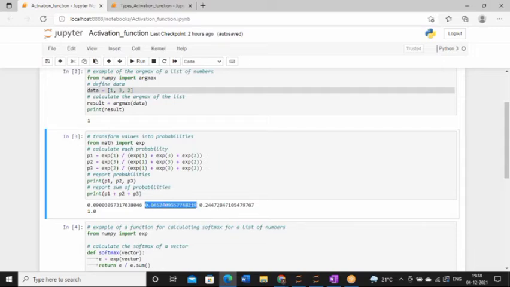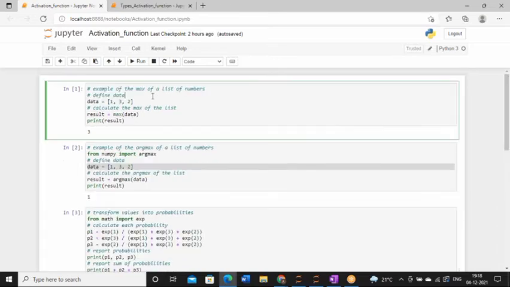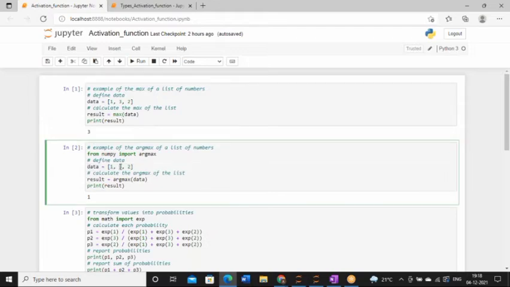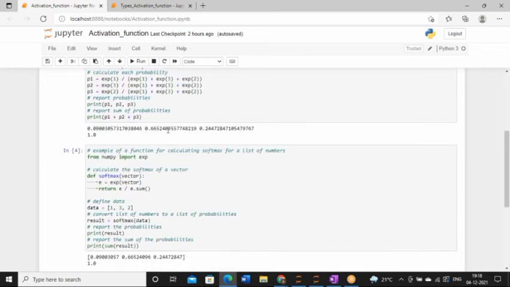That is, maximum weightage is over here, that is 0.66. And why is maximum weightage over here? In our case, I have already considered this data value 1, 3, 2, and 3 is the maximum value. That's why max is giving the output as 3, argmax is giving the index of this, but softmax is giving the probabilistic weightage which is applied on the maximum value 3.